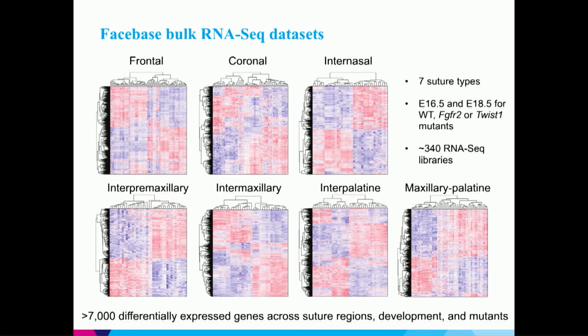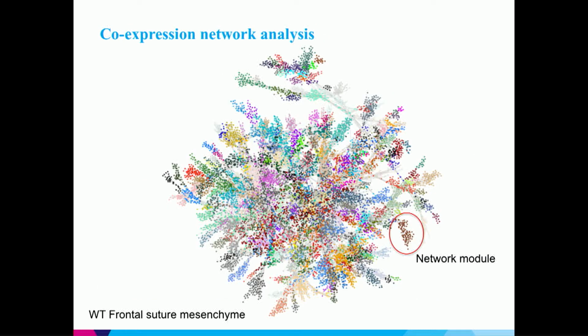So there's a lot of expression data to profile and to process, and the way that we are going about this is by performing co-expression network analysis. In this co-expression network analysis, we're identifying genes that are consistently co-regulated with each other across different suture regions or across time points.